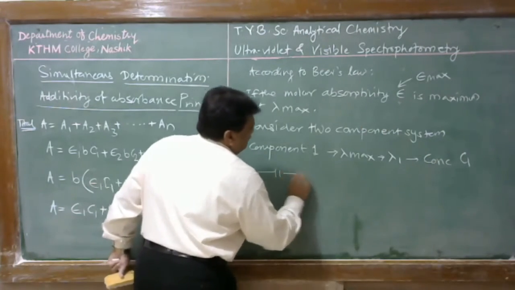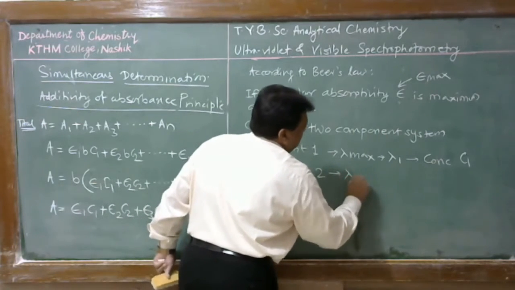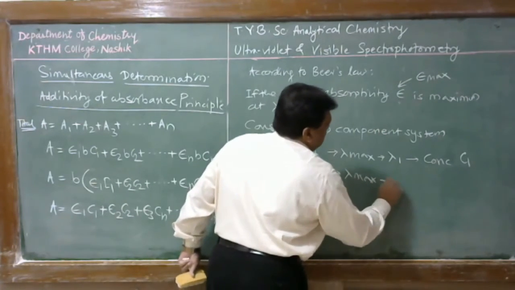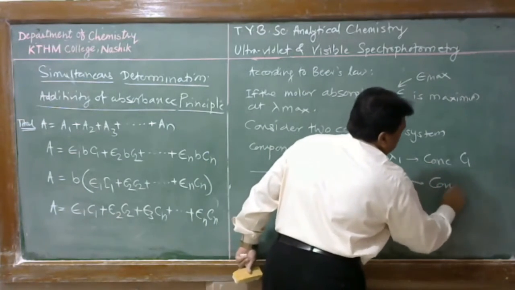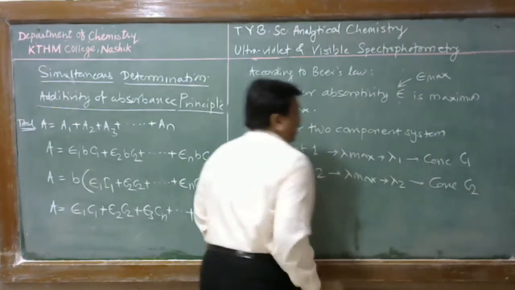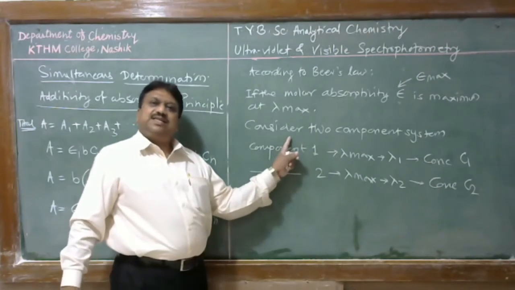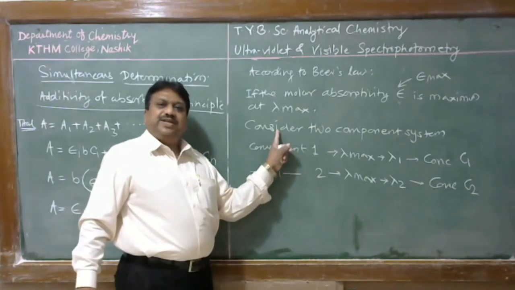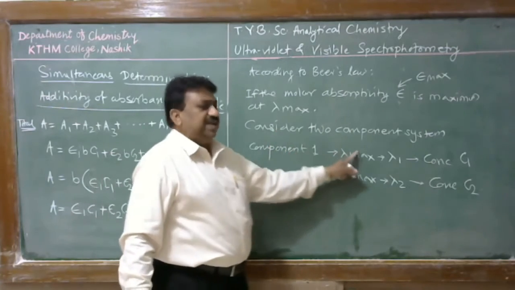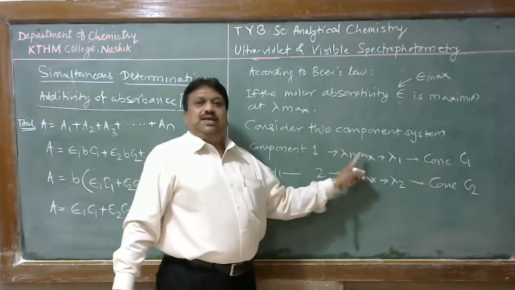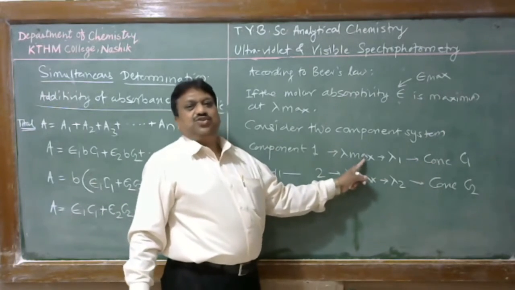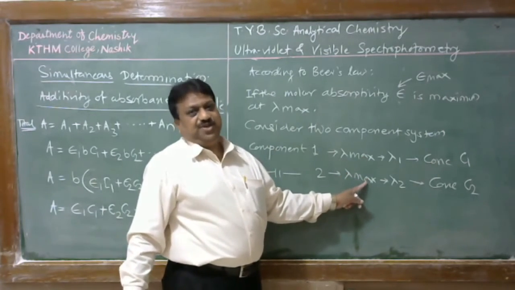For the second component, we have its lambda max as lambda 2 and its concentration as C2. Then we can utilize the molar absorptivity and concentration of both components for the determination of the concentration of any one component in the mixture.